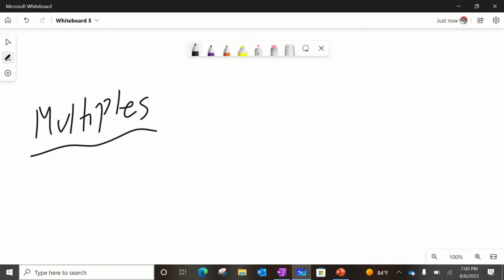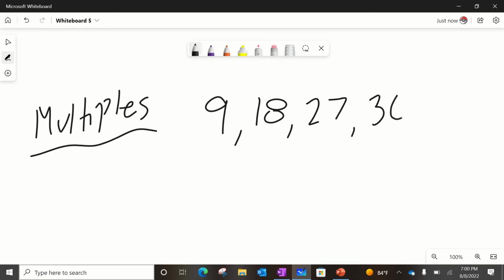For example, going back to 9. If I were to count by 9, 9 times 1 is 9, 9 times 2 is 18, 9 times 3 would be 27, 9 times 4 would be 36, 9 times 5 would be 45, and so on. Every single one of these numbers is known as a multiple of 9.